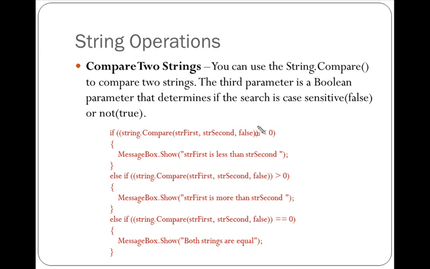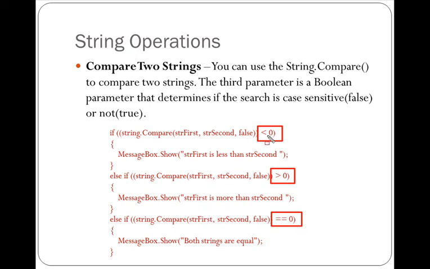Notice also that this is comparing them to a numeric value: less than 0, greater than 0, or equal to 0. So these strings are compared similar to what we talked about in comparing strings in JavaScript. It looks at each character at a time, and using the ASCII value determines which one is higher, lower, or equal, and then checks that value.